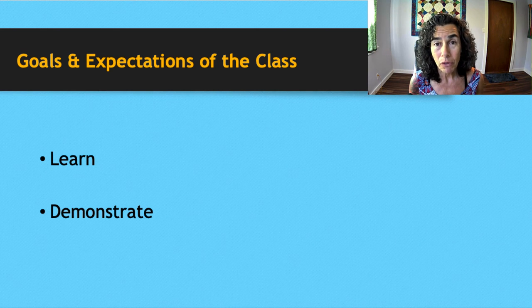As we go, hopefully it'll become clear why research needs to be important to all of us as occupational therapists. Additionally, your goal is to demonstrate your knowledge, again, through a critical analysis of the literature, also known as the literature review final paper.